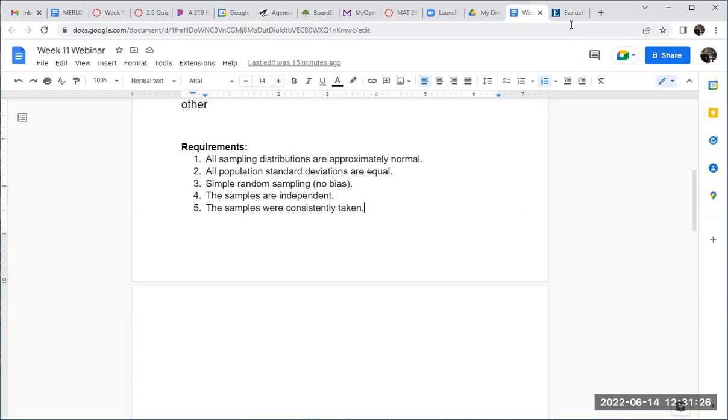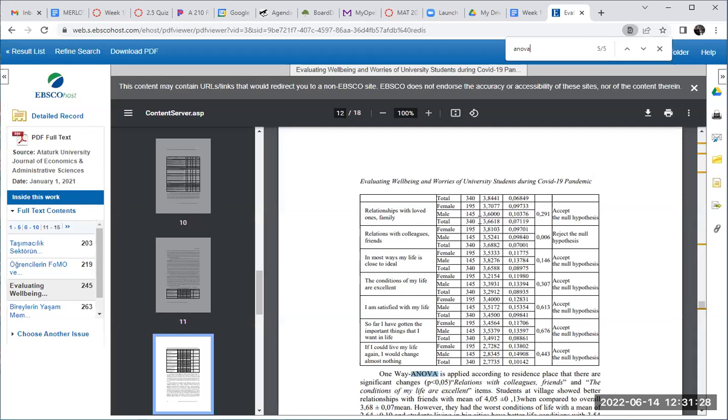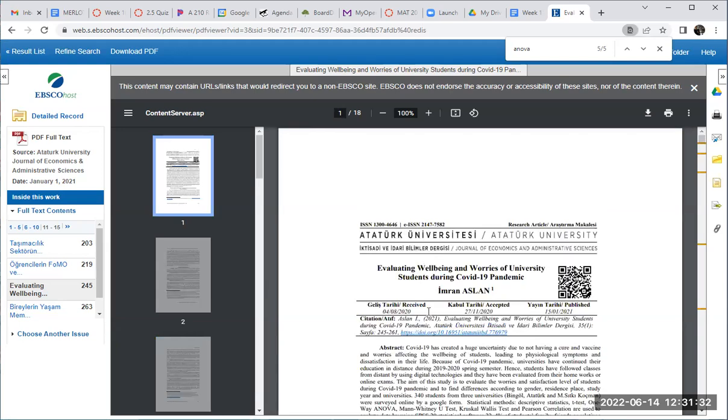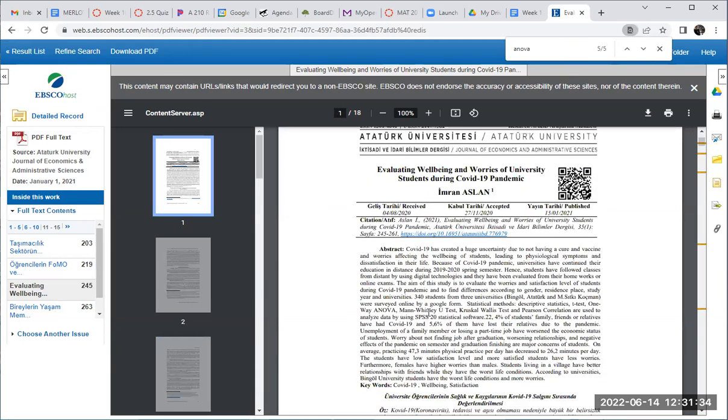All right, so I thought maybe I'd pop in an example. Page 12. I just grabbed a page from our library I thought you should see. You know, it's really easy to find ANOVA because it's used all the time in literature.